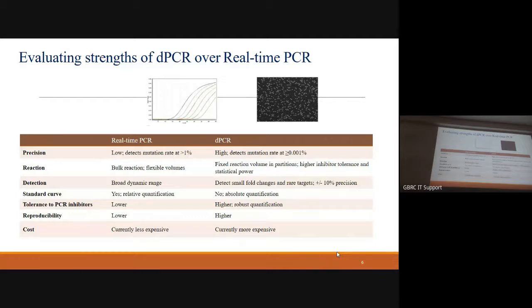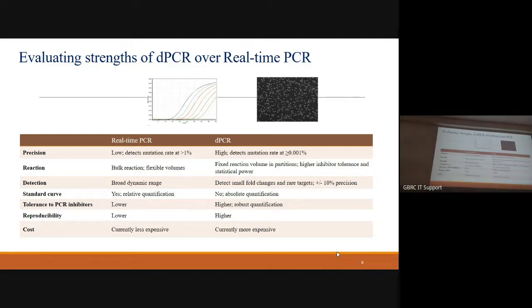So what are the several advantages of digital PCR over real-time PCR? Let's see the precision. The precision is lower in real-time PCR compared to digital PCR. If you perform the experiment for mutation detection, the mutation detection rate using RT-PCR will be greater than 1%, and here it is very low. The major advantage of digital PCR is that it detects small fold changes and rare targets, and it has plus or minus 10% precision. Real-time PCR requires a standard curve; here, it does not require any standard curve.